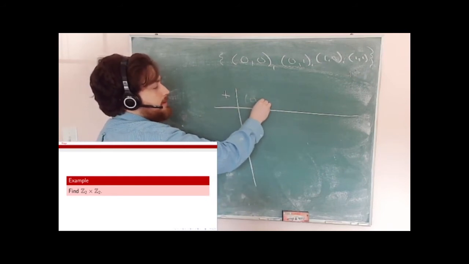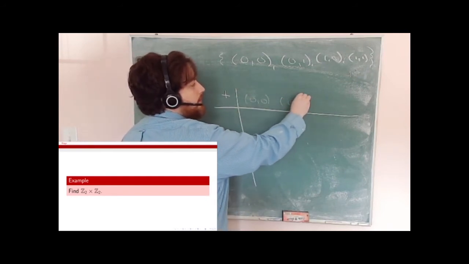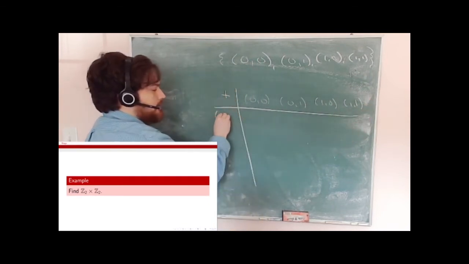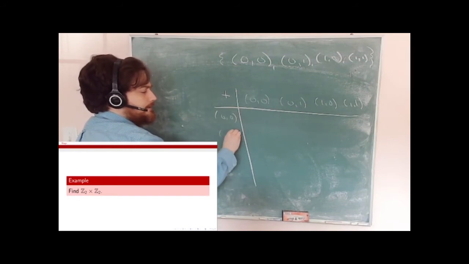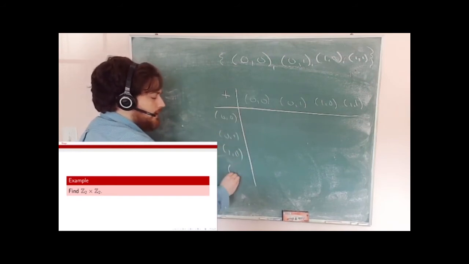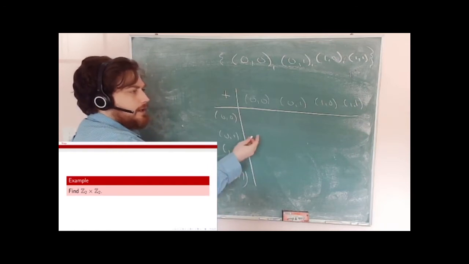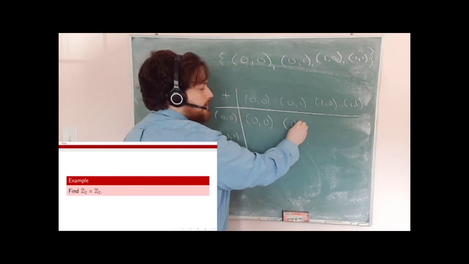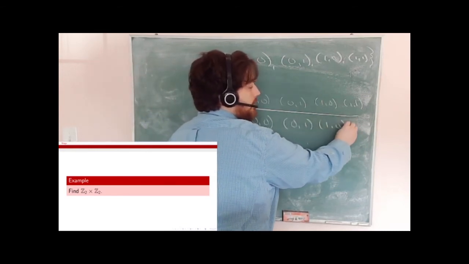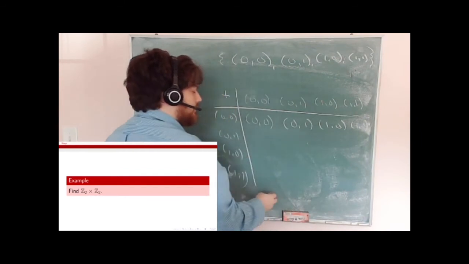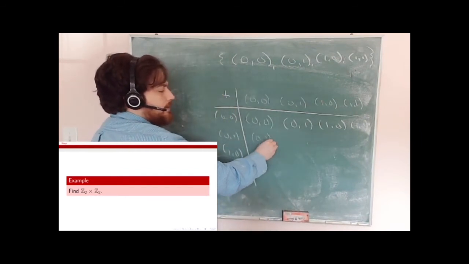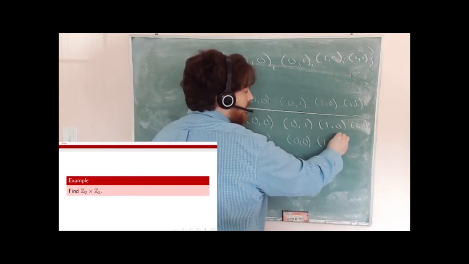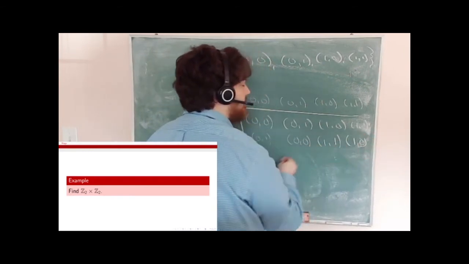But I'm just going to list these elements (0,0), (0,1), (1,0), (1,1) along the top and side. So now if I add these, (0,0) plus (0,0) is (0,0), and then (0,1), (1,0), (1,1), and then (0,1) plus (0,0) is (0,1), then (0,0), (1,1), and (1,0).